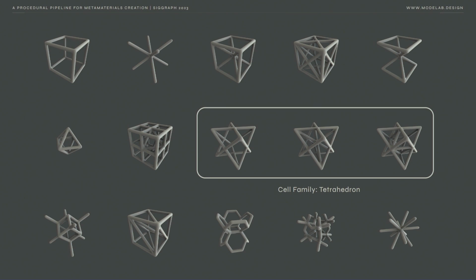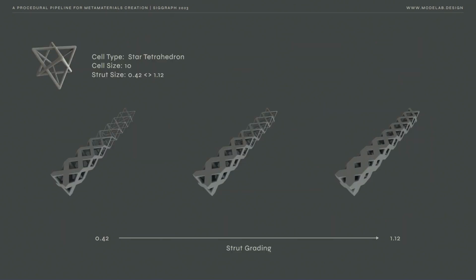So we're going to take a look at an example really quickly that looks at one particular cell family. These are all tetrahedron types, and it looks at how that particular unit type can be tuned using a couple of additional technologies within Houdini. So using this volume-based modeling technique, right, we're able to quickly tune and prepare geometry for testing purposes.